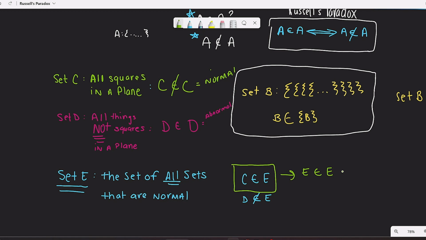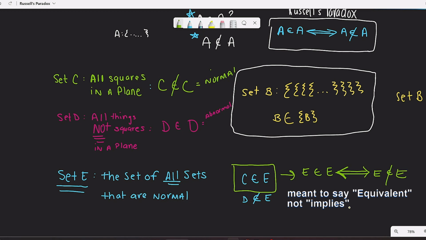And so this also implies that E is not a member of E, because now it no longer is a normal set.